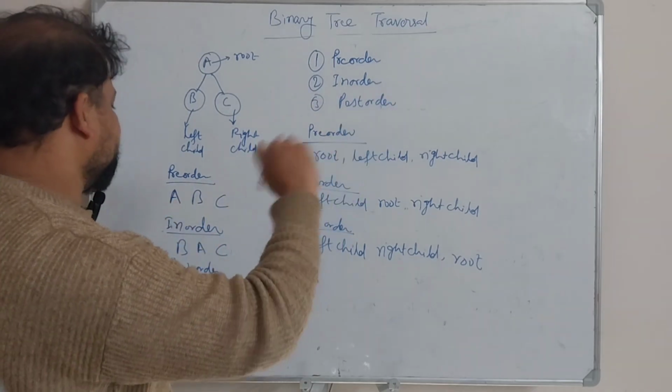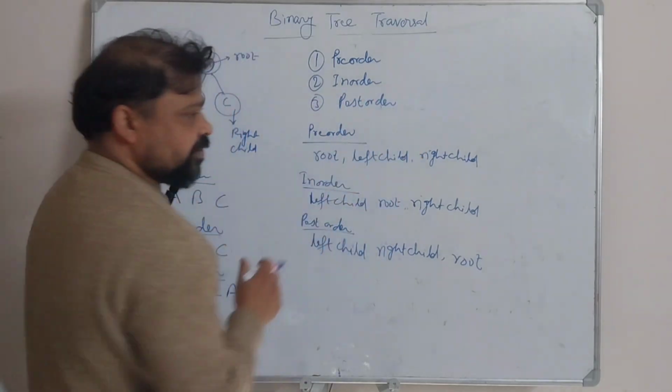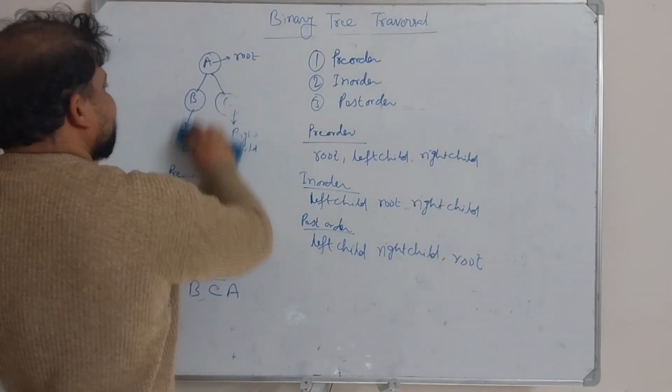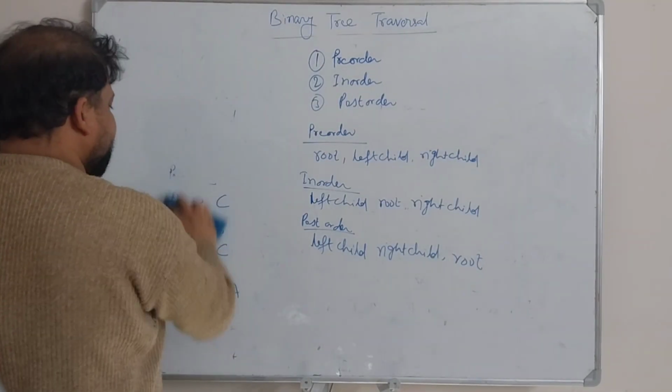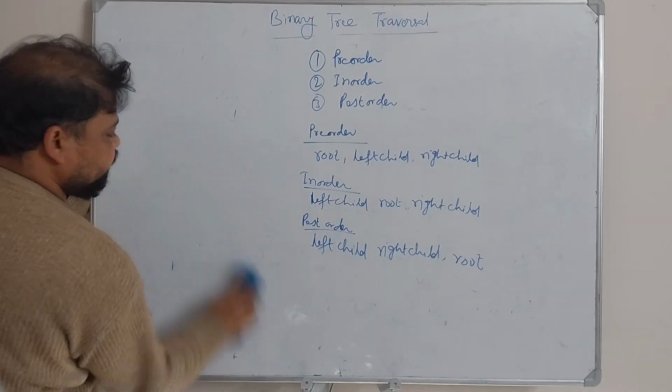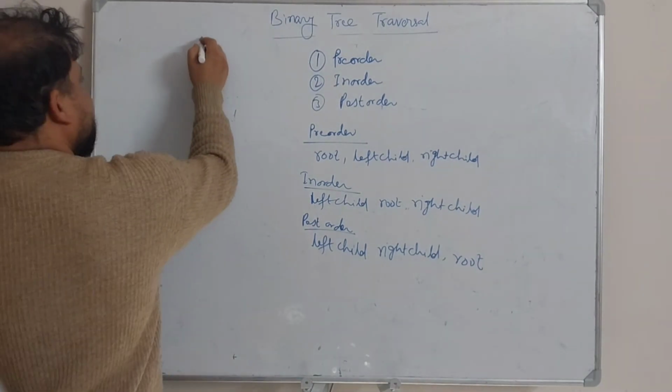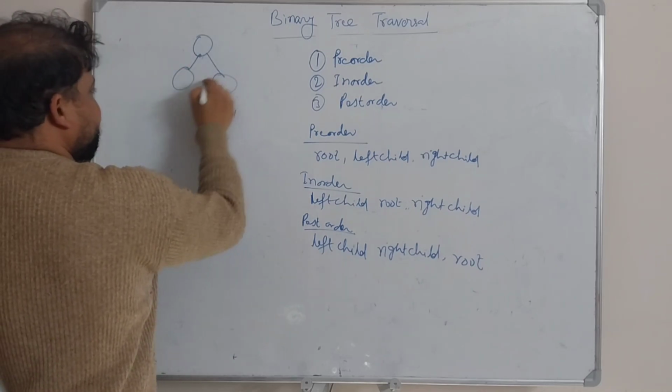So here I'm trying to create a bigger, more complex tree and try to do the traversals for that. See, here I'm making a little complex tree.